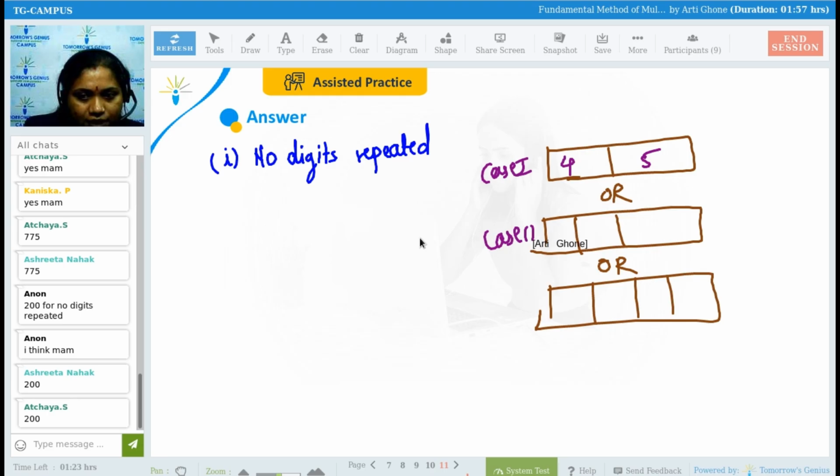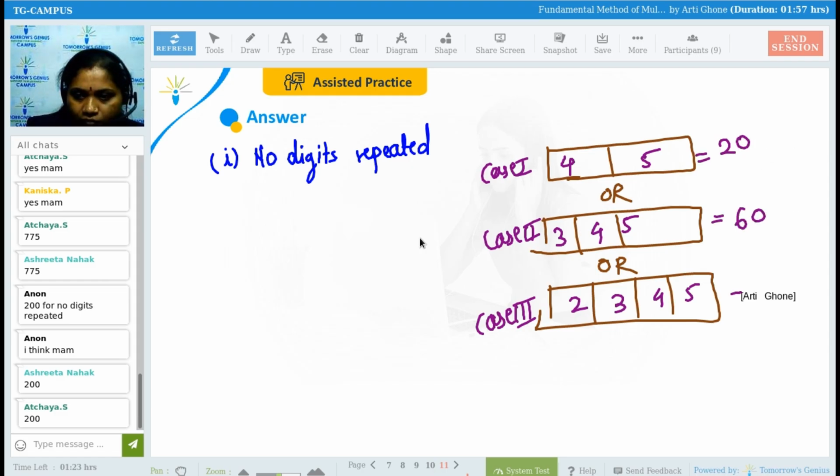In case 2, the chances are 5 into 4 into 3 only. And in case 3, the chances are 5 into 4 into 3 into 2. So 5 4s are 20, 60, 120.